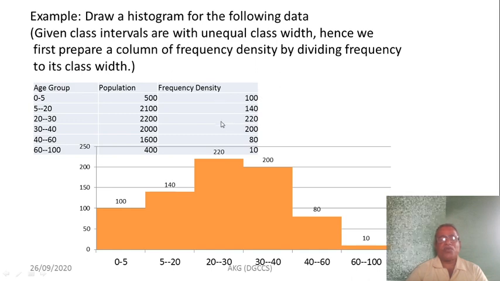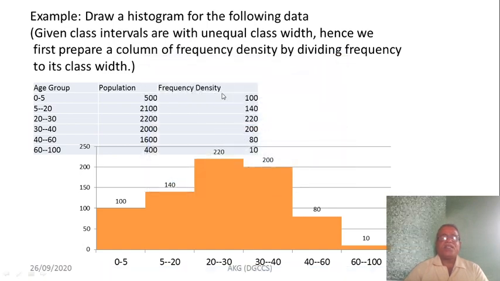Before constructing the histogram, we want to prepare this column of frequency density. Similarly, here 2100 is the frequency and its class width is 15, so dividing this frequency by 15, we get the value 140. For 20 to 30, the class width is 10, and dividing this frequency by 10, we get 220, and we repeat this up to the last class interval.